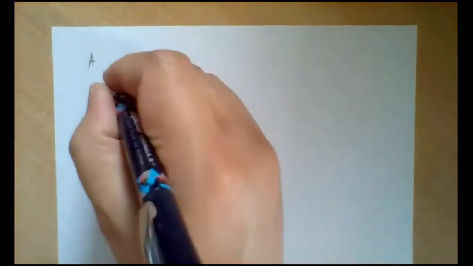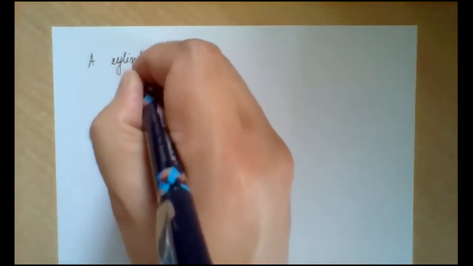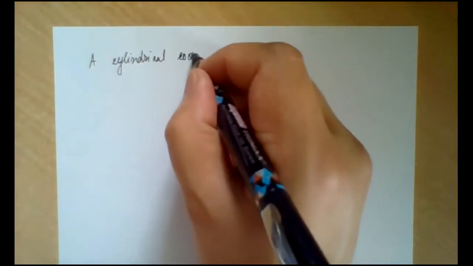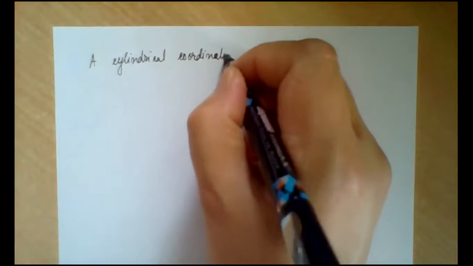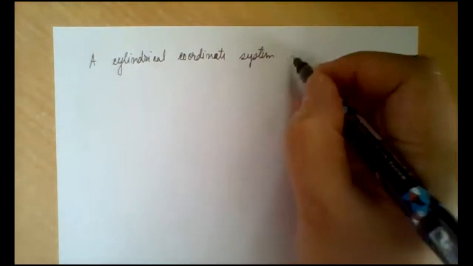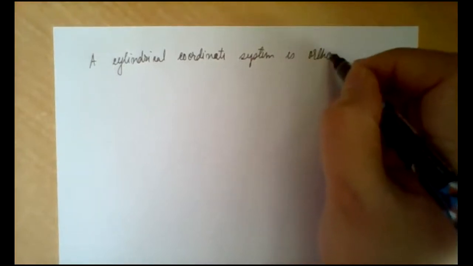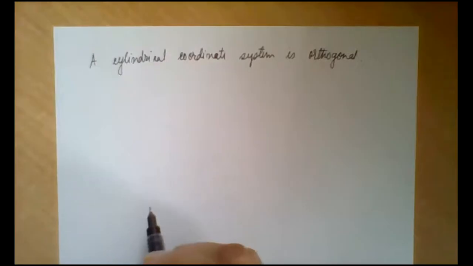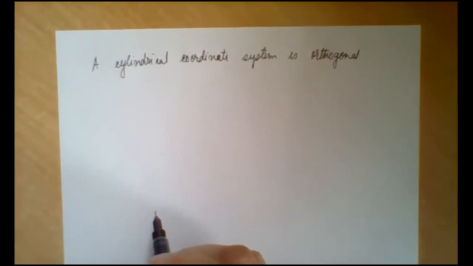So we are going to show that a cylindrical coordinate system is orthogonal.